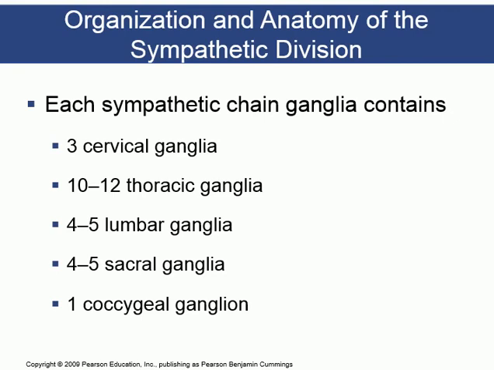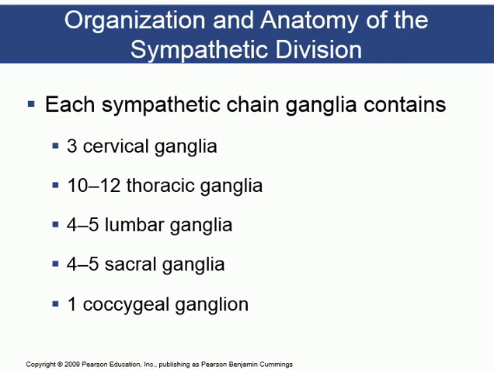Sympathetic chain ganglia consists of a number of ganglia: three in the cervical region, 10 to 12 thoracic, 4 to 5 lumbar, 4 to 5 sacral, 1 coccygeal. And this is not the root. I told you that the root starts from thoracic and lumbar. Yes, but it starts at thoracic, and it will make a ganglia here and here.